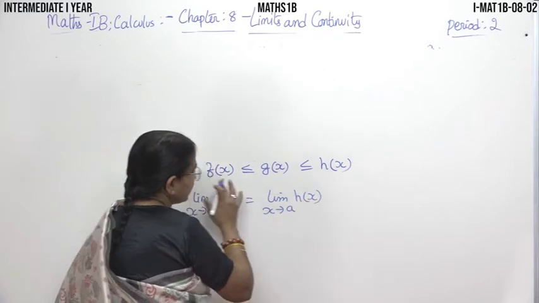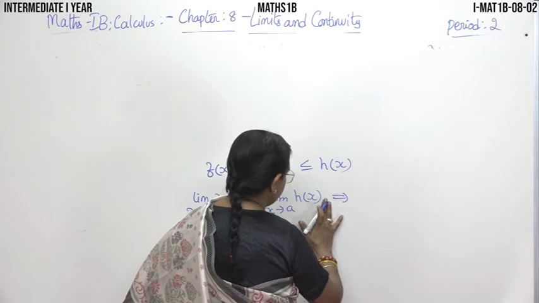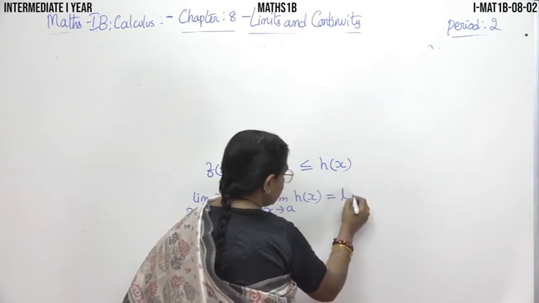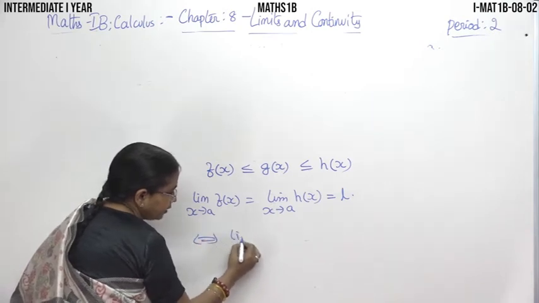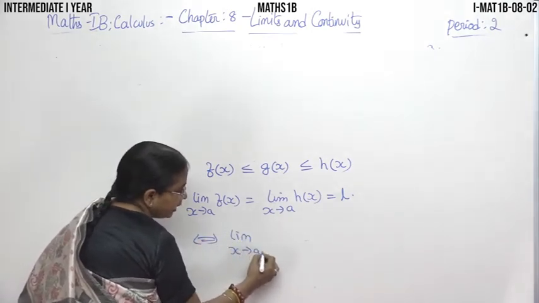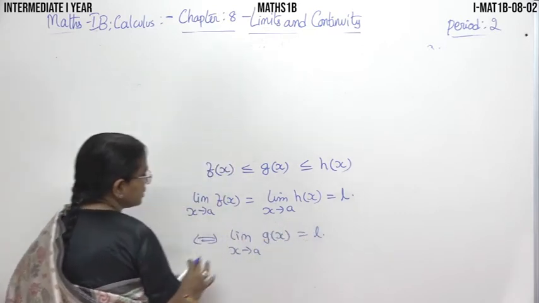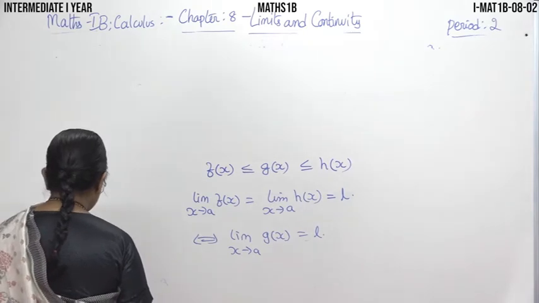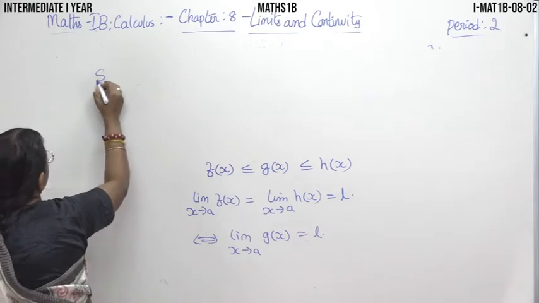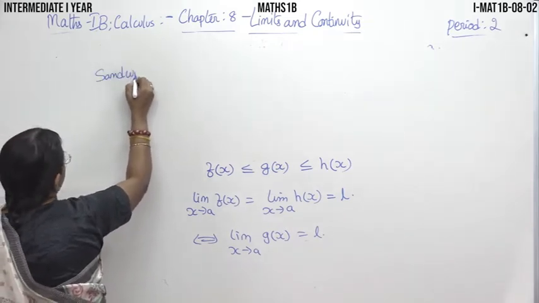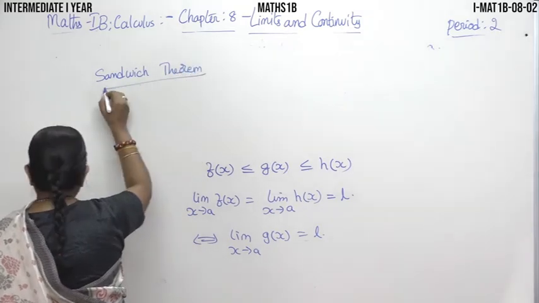If the limits of the first one and the last one are the same, equal to some number L, then this will imply that limit x tending to a of the middle function g of x is also equal to L. This is the statement of the theorem. So it is called the sandwich theorem. So learn the statement.